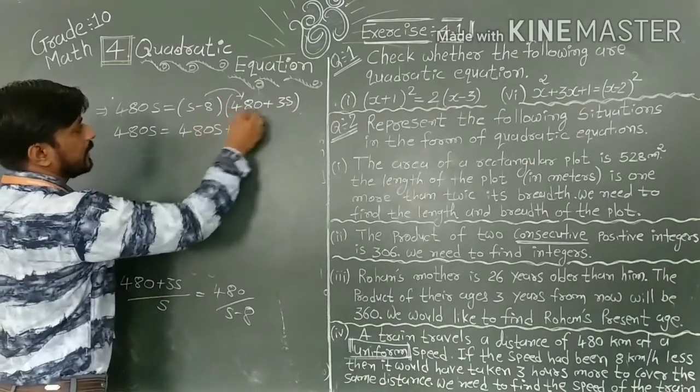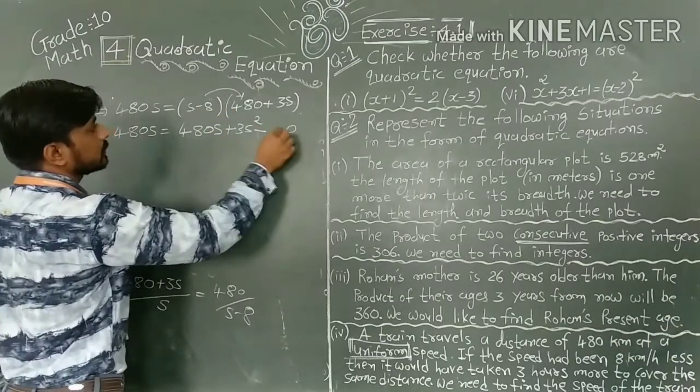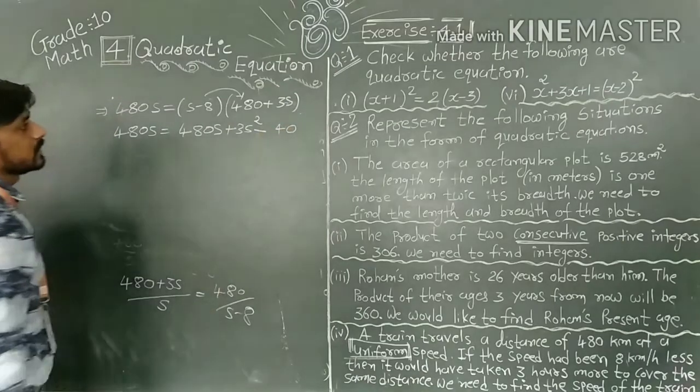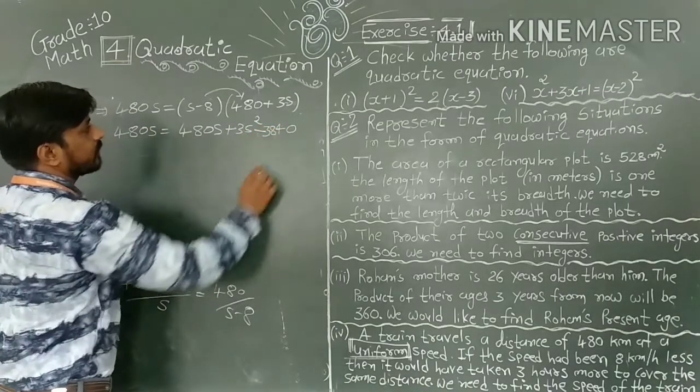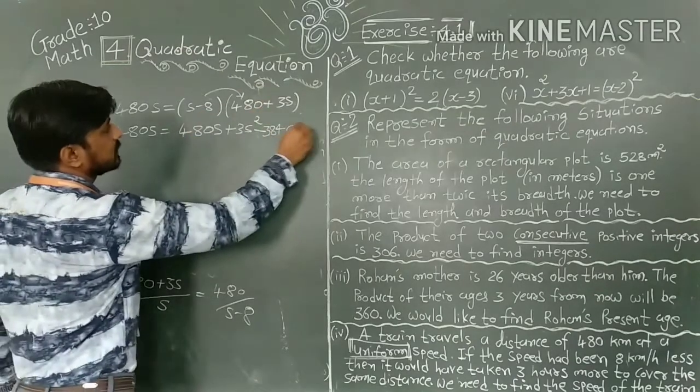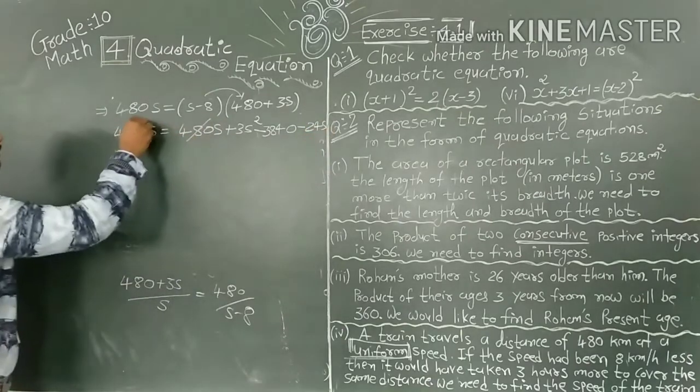Now minus 8 into 480, that means 3840, and minus 24s. Here these two are cancelled.